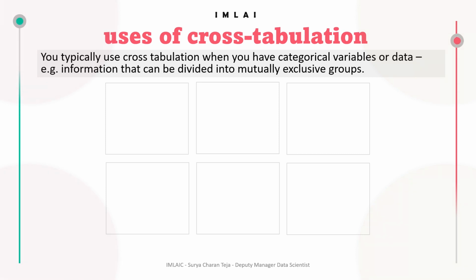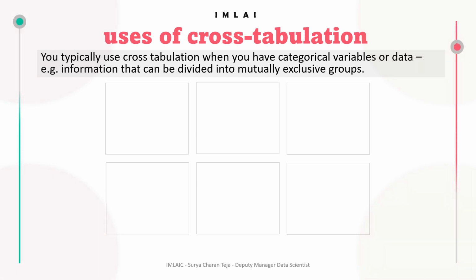As such, using two variables, gender and product likability, along with cross tabulation, you can get a more comprehensive breakdown of data sets to identify patterns, trends, or other useful information.